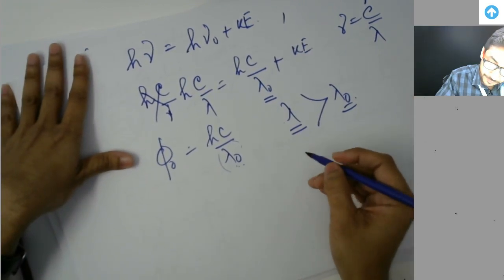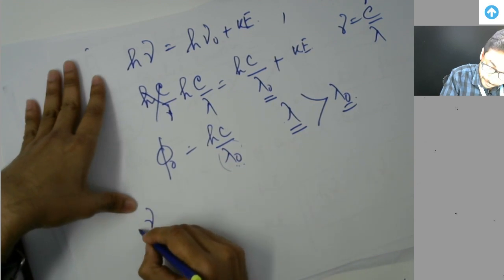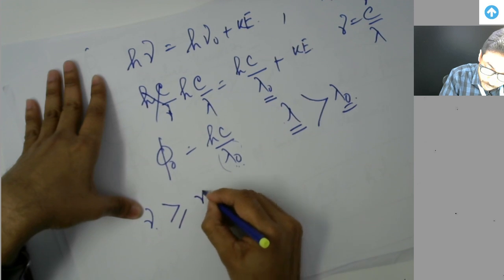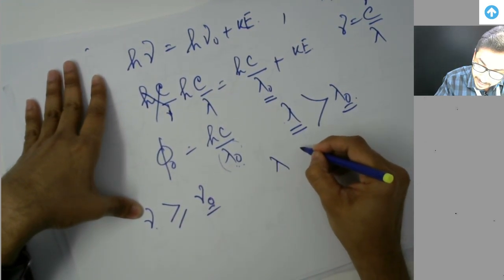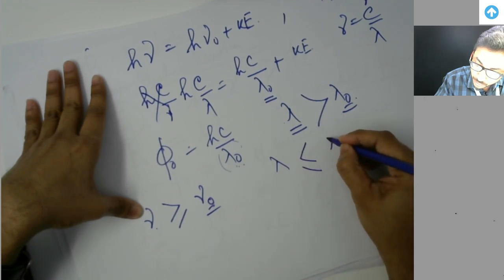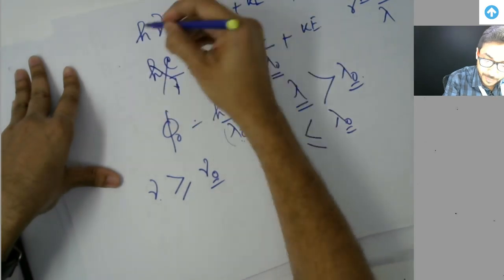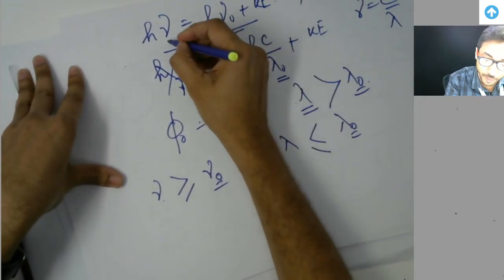So in case of threshold frequency, the frequency of the incident light should always be more than the threshold frequency, whereas in the case of wavelength it should always be less than or equal to the threshold wavelength. Whatever be the case, we will be using these equations for solving our problems.